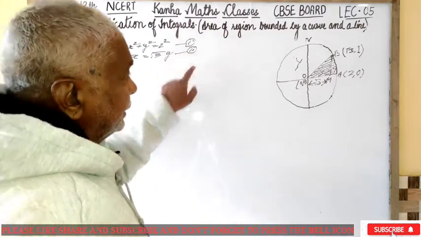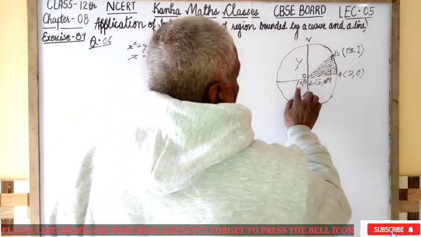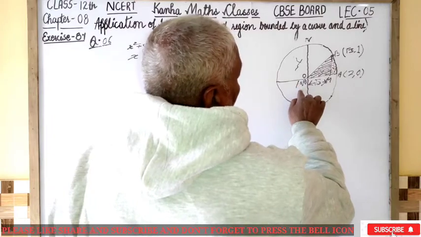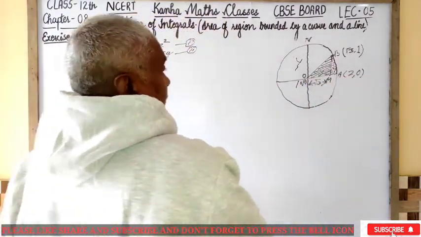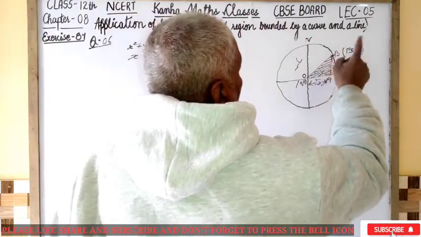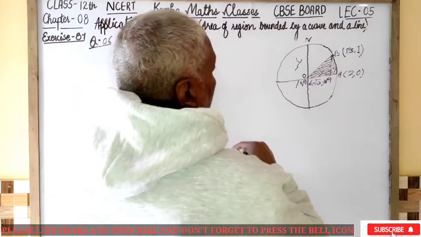Equation number 2. In the figure we see the circle with center (0, 0) and radius 2, as per the equation, and the straight line OB, that is x is equal to root 3 y.